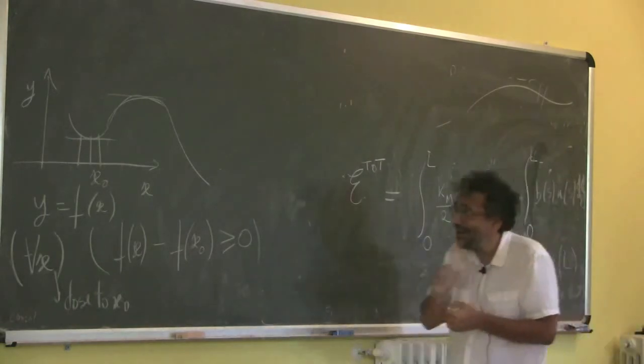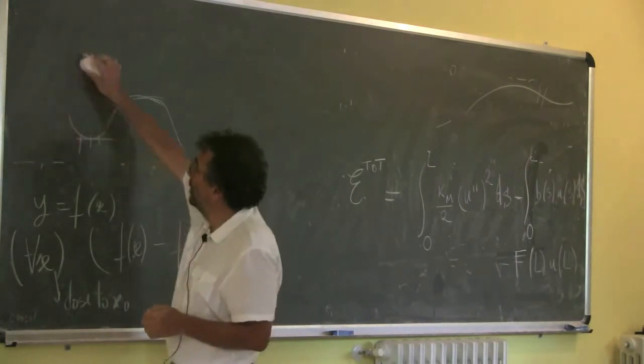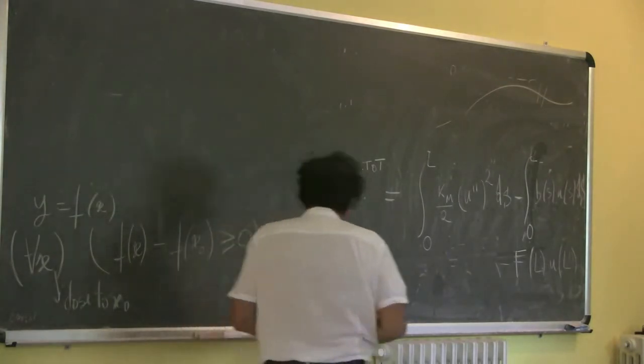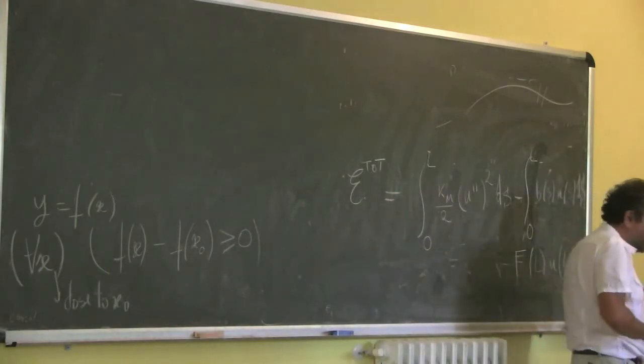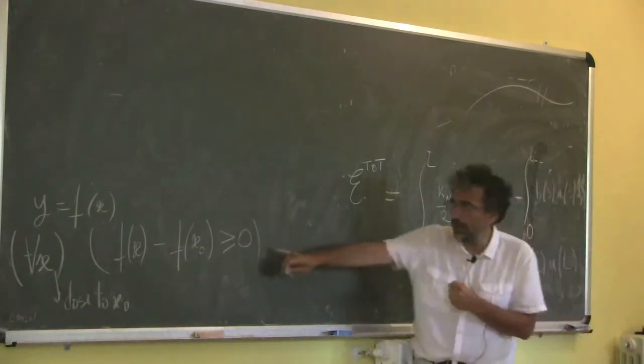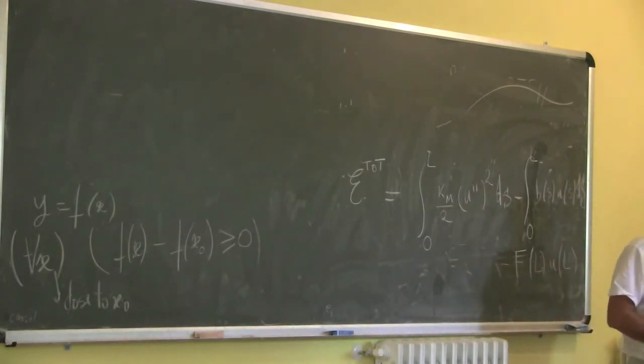Okay. Now, Lagrange was a student who was obliged to find the mathematical condition equivalent to this, which is valid when the function f is differentiable.